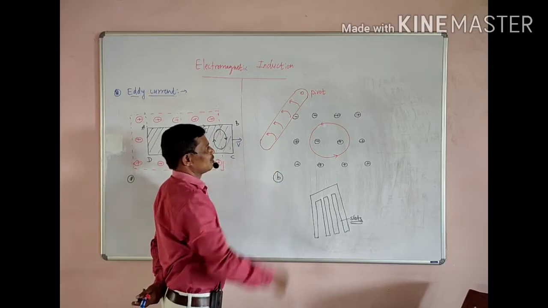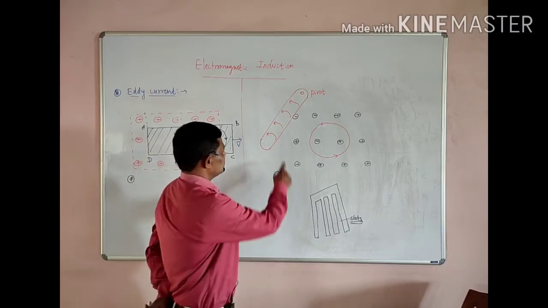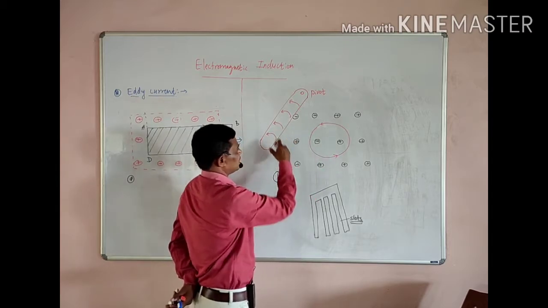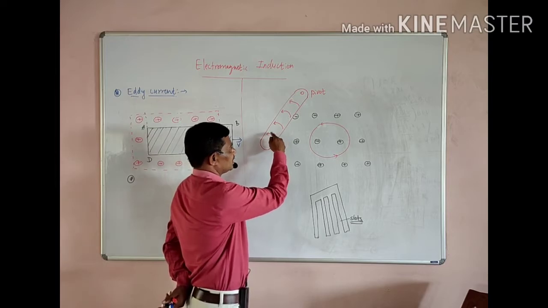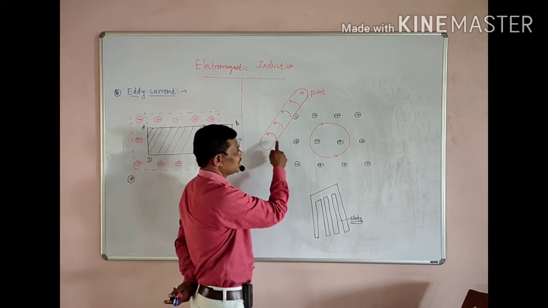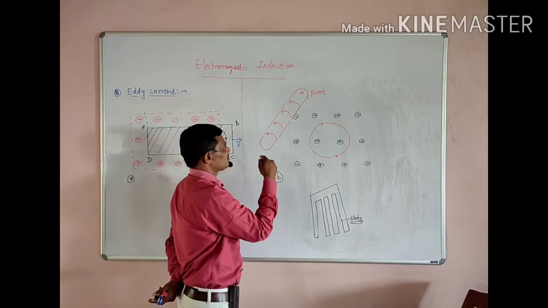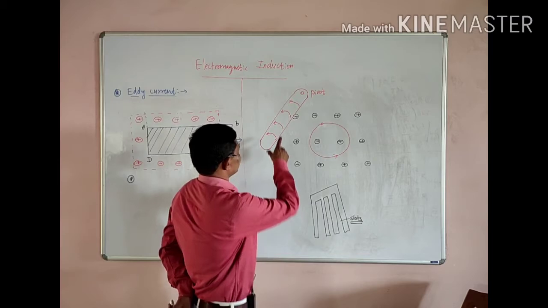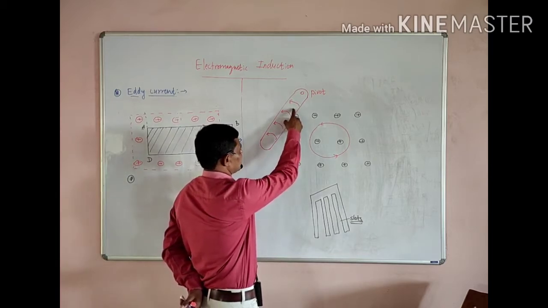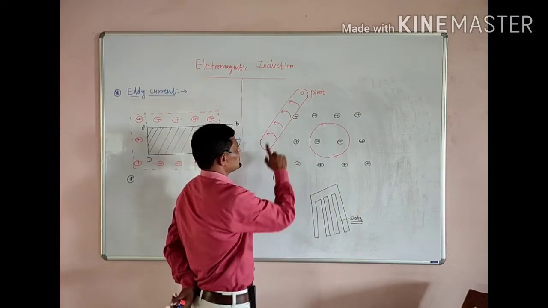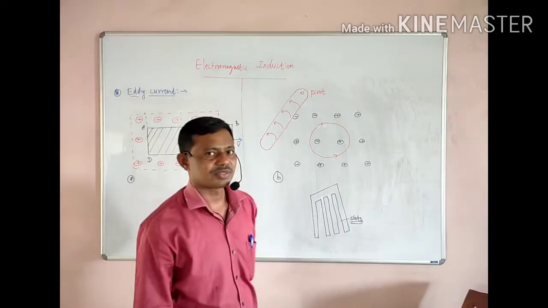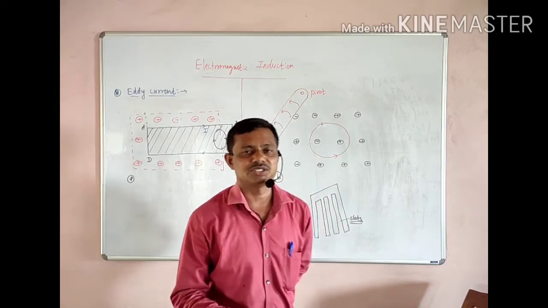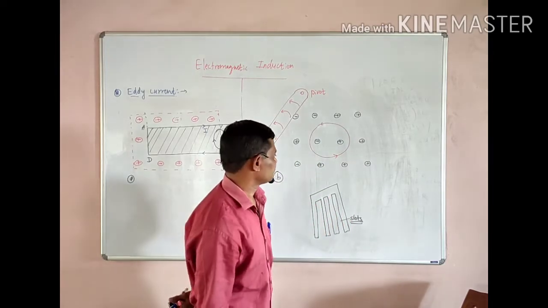Due to these eddy currents, mechanical energy is transferred into heat energy, and due to this heat energy it will get warmed. During every oscillation, this mechanical energy is converted into heat energy. So the dissipation of this mechanical energy is observed here, and this dissipation of energy is due to the formation of eddy currents, which convert mechanical energy into heat energy.